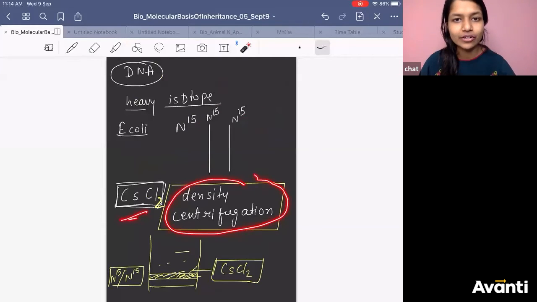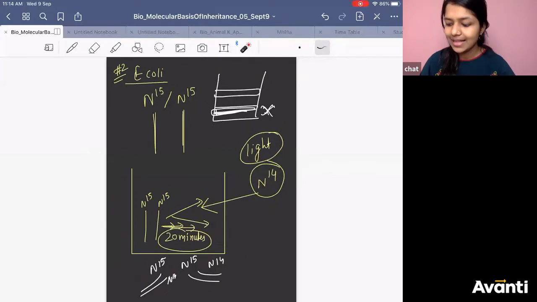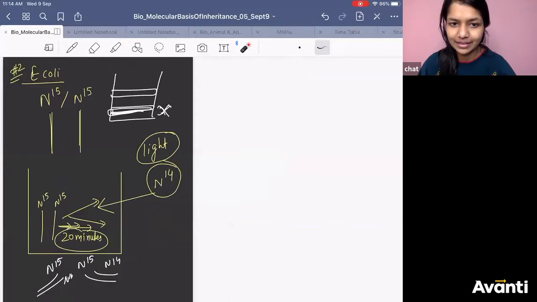In density centrifugation, there was a molecule which was used, and that was cesium chloride, CsCl2. Using this, they could do the density centrifugation. And that is all. Rest of the thing you know, that in every 20 minutes you can get the new generation.